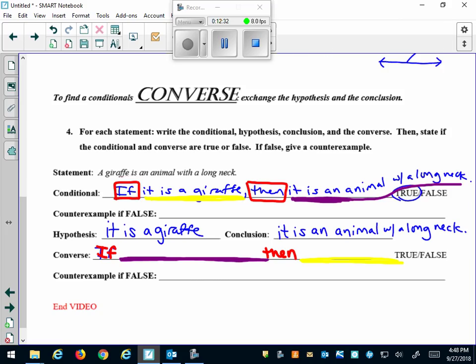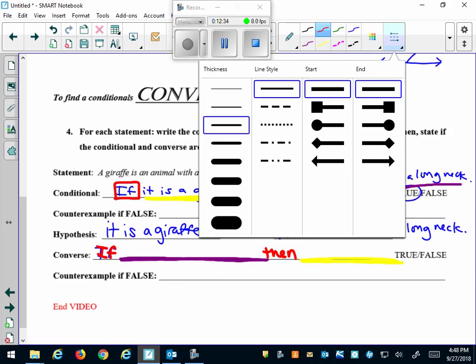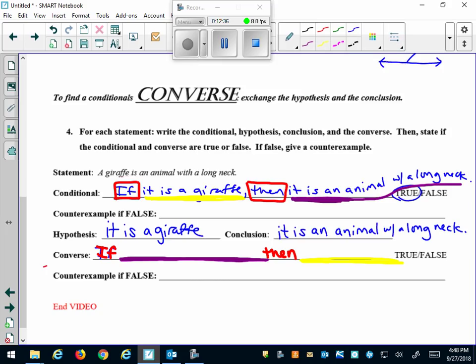So you want to just copy exactly. So I'm copying this conclusion over here. It is an animal with a long neck. If it is an animal with a long neck, that's going to become now our hypothesis.